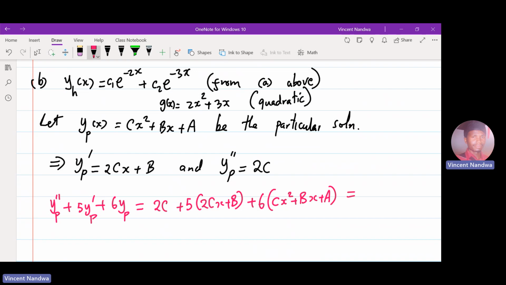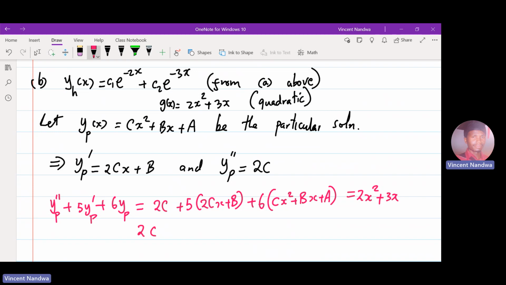Then the whole of this left-hand side from the original equation should give us 2x squared plus 3x. So I will just open this and write like terms together.